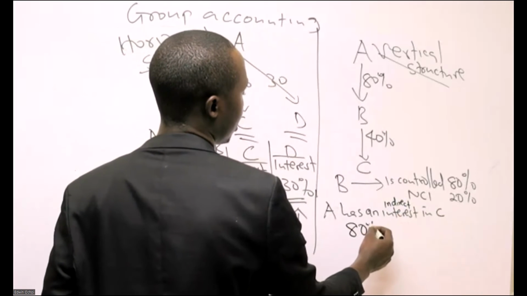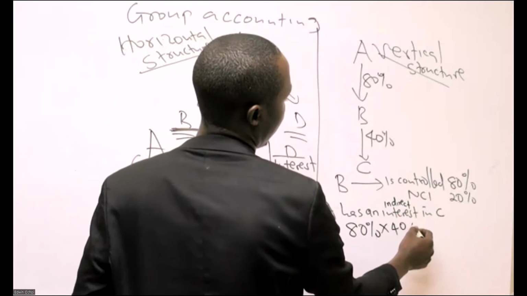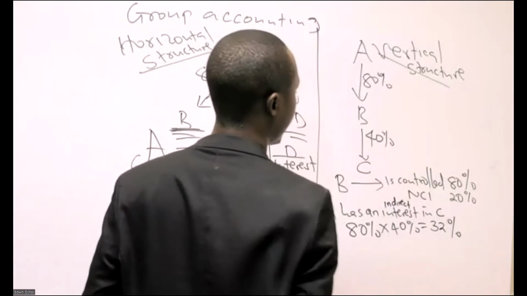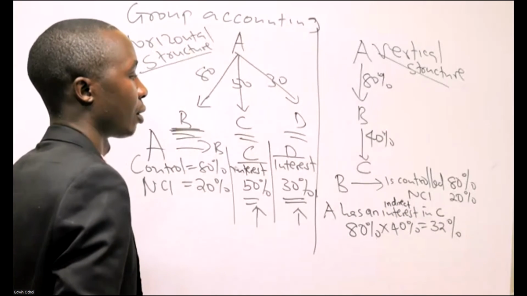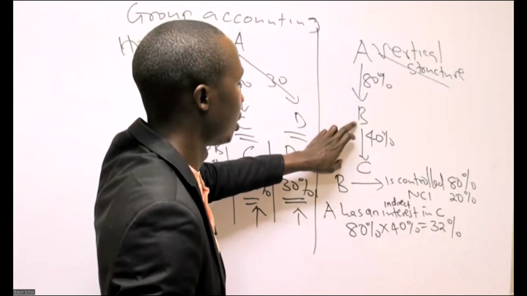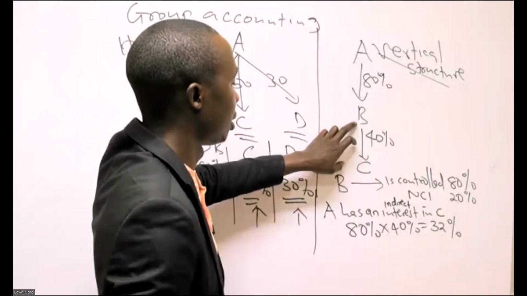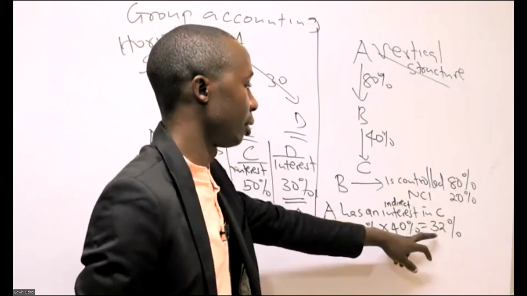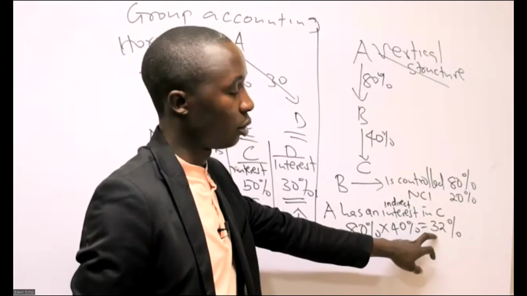You take 80%, you multiply by 40%. So that is 32%. So meaning that when consolidating B, you will be consolidating that B as a subsidiary. Then C will be consolidated as an associate, but at 32%.